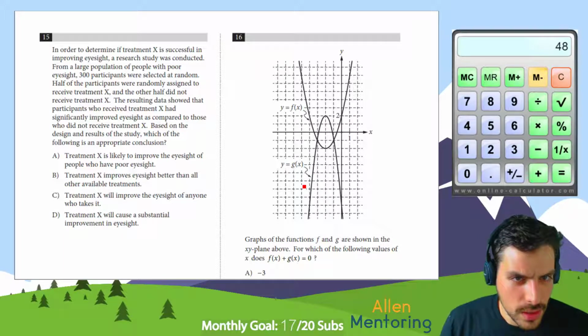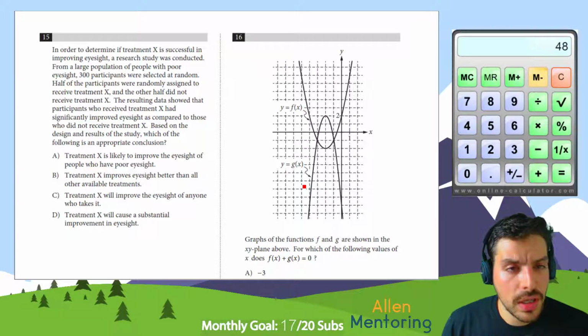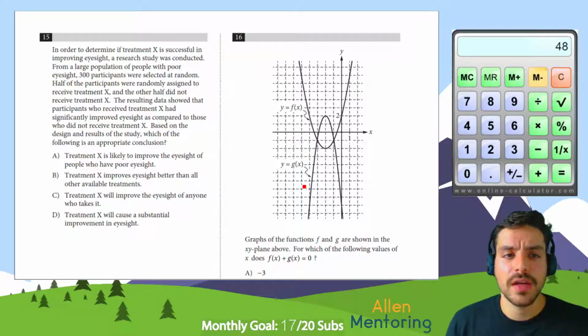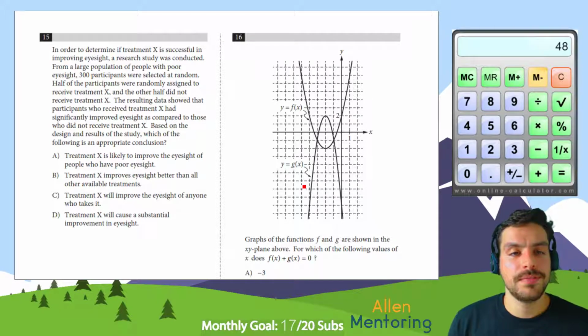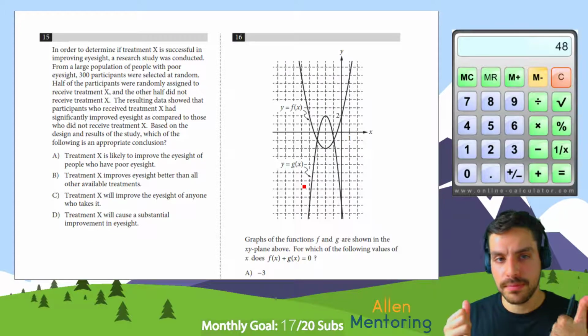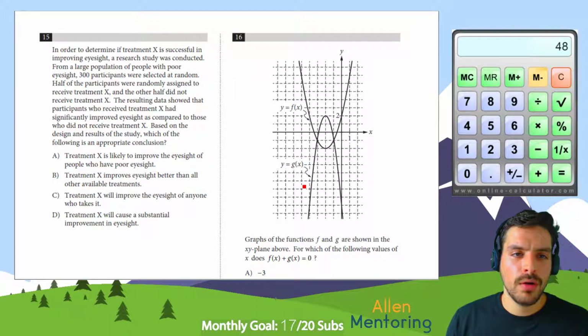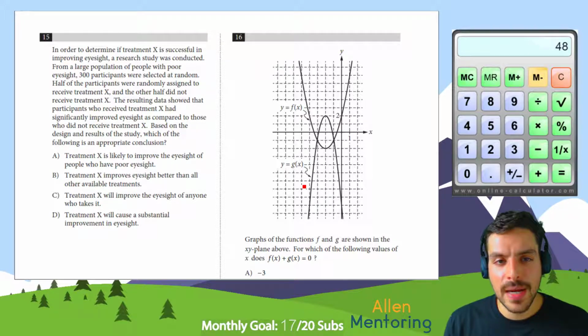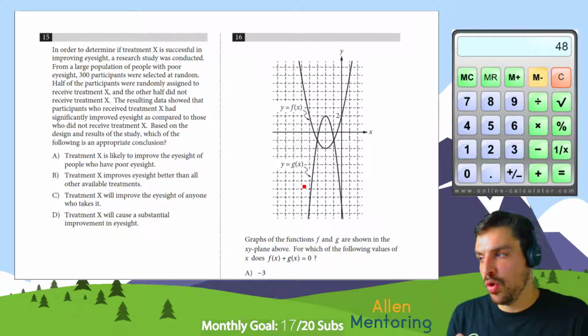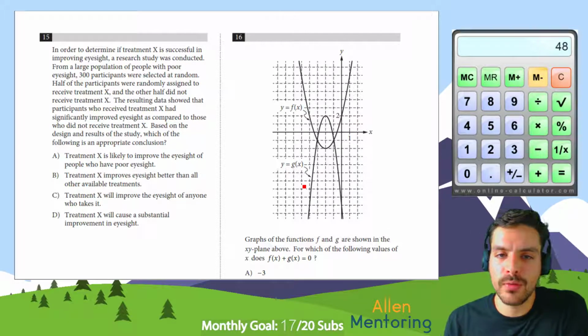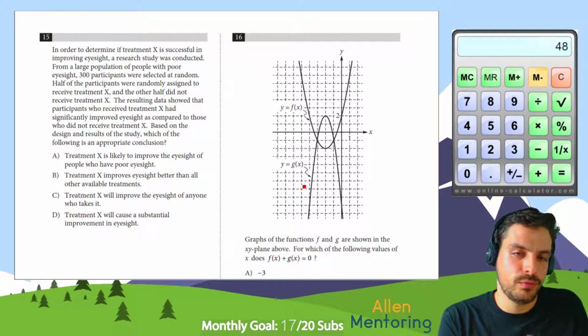All right. So let's first check if this is a legitimate study. We have 300 participants, so that's good. Sample size is pretty solid, right? Anything above 30 to 50 is a good sample size. Now, what about the location of the sample? Are they all selected from one random school or one random restaurant?